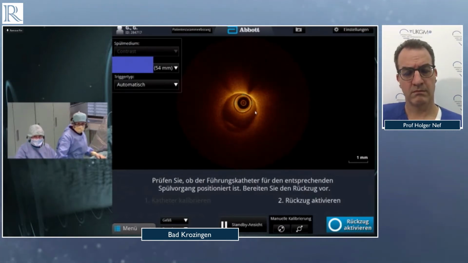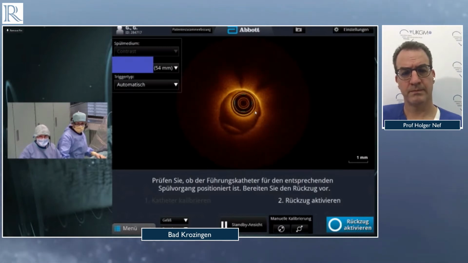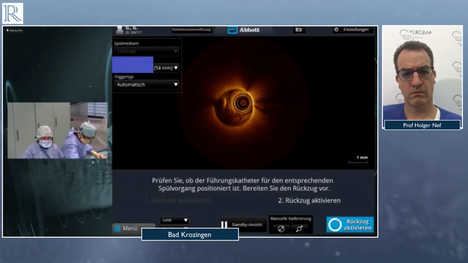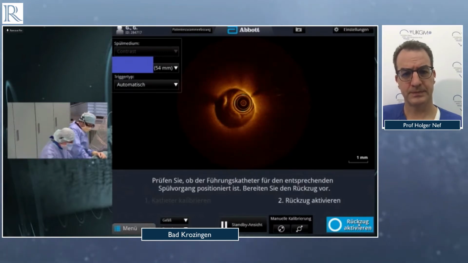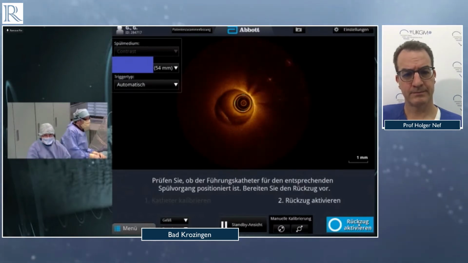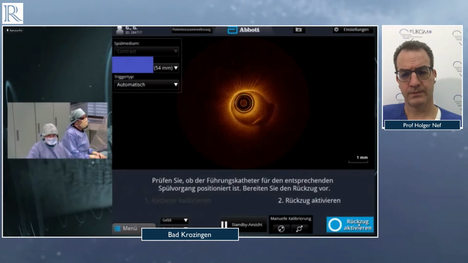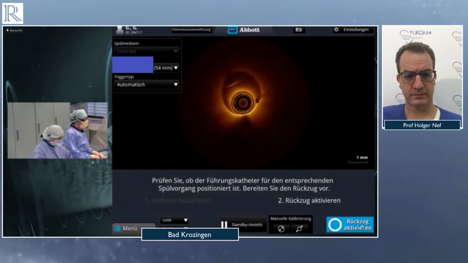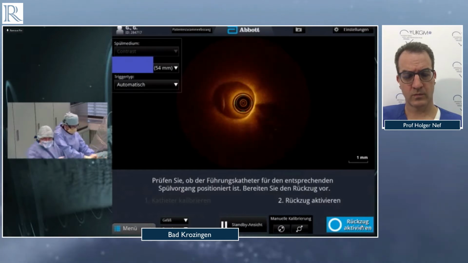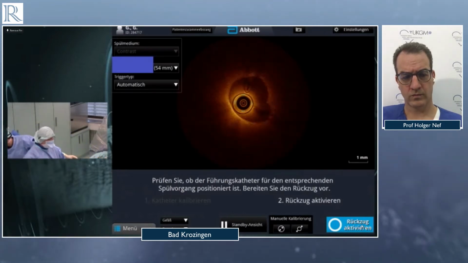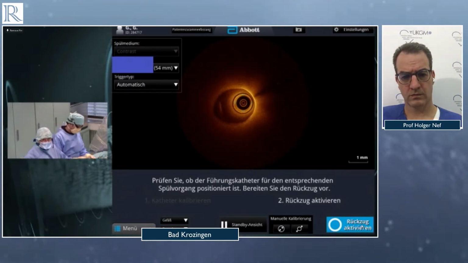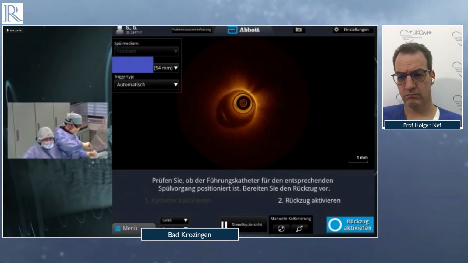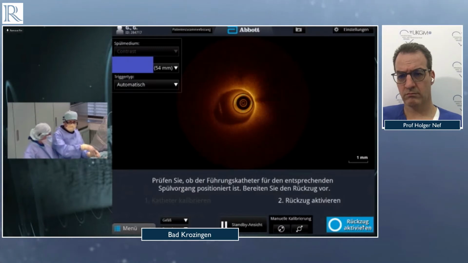So the size is from 2.5 to 4.0, and the balloon length is 12 millimeters at the moment. But we know the company is working on different settings. They want to make bigger balloons for larger ostial lesions, and maybe even longer balloons for better treatment of long calcified segments. This will be available in the future.